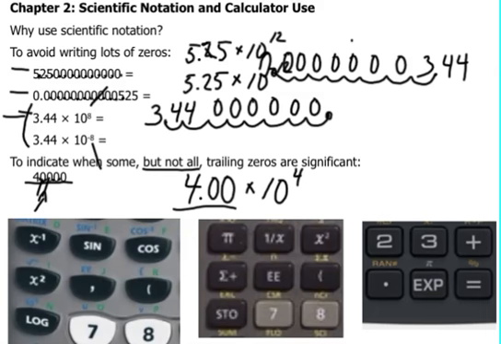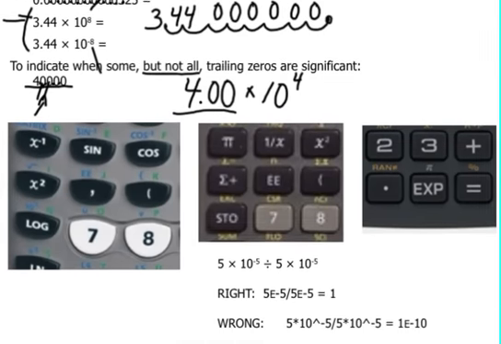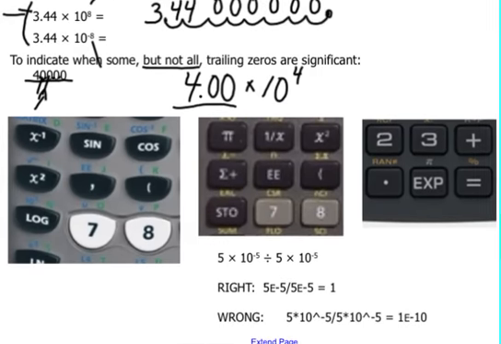Some people run into trouble when they try to do this on their calculators. And let's look at some calculators here. Okay, so we have some calculators, and when you're doing scientific notation, depending on your calculator, you're going to look for some different things.